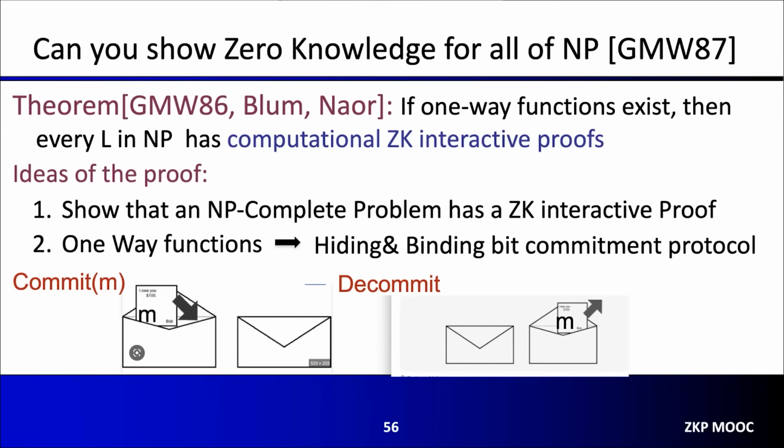The properties of these two protocols are that they satisfy hiding and binding. Hiding means that while it's committed, you can't tell whether it's 0 or 1 better than 50-50. And binding means that when you open the envelope, you can't have committed to 0 and open to 1. Whatever it is you committed to, you are actually bound to reveal it.